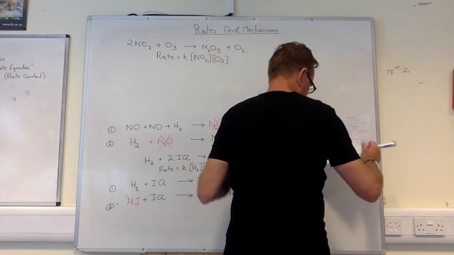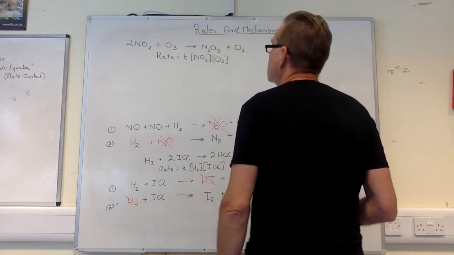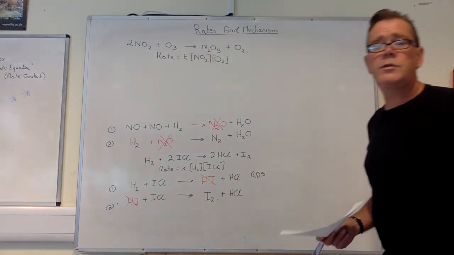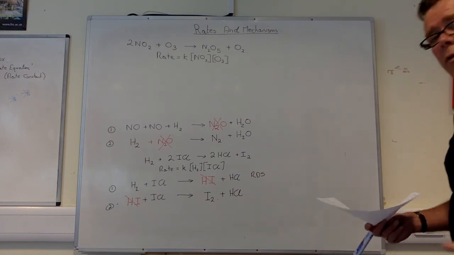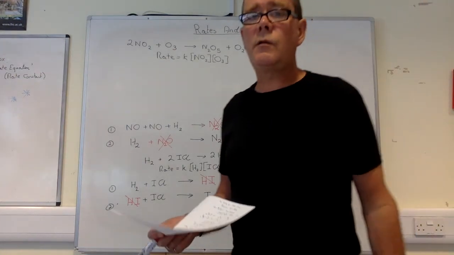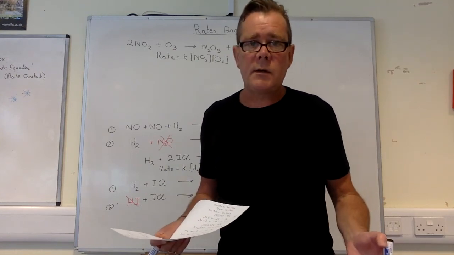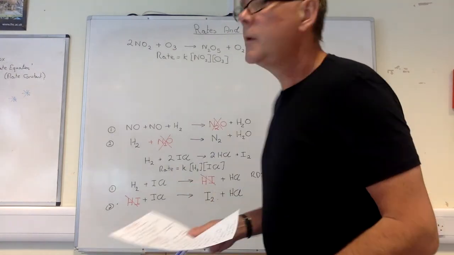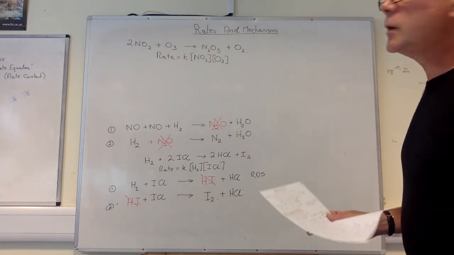First order, is it? Certainly is. Right, you should be able to come up with that now. You stick to your principles. Stop me, pause me, and think for yourself. If you don't think for yourself, you ain't going to be able to do it. All right? When it comes to the crunch. So have a go and then see if it matches what I'm going to come up with.